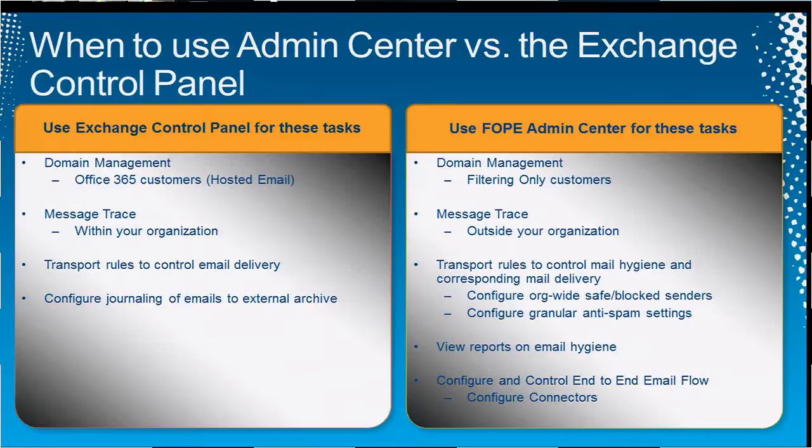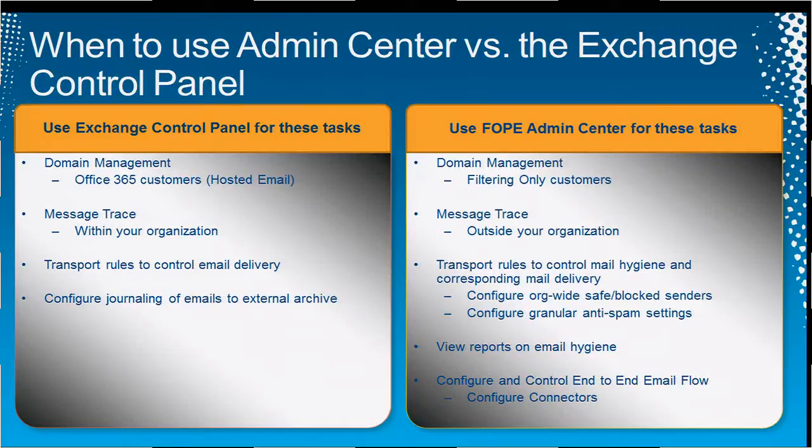Transport rules defined in Exchange Control Panel are things like adding a disclaimer to an email, or looking for keywords and regular expressions. But if you want to add a header to a message, say a hex header, that functionality is provided by FOPI Admin Center. So it's the next level of functionality.